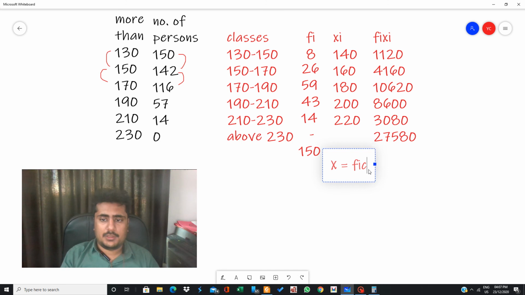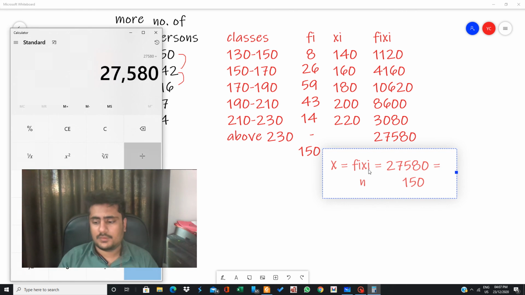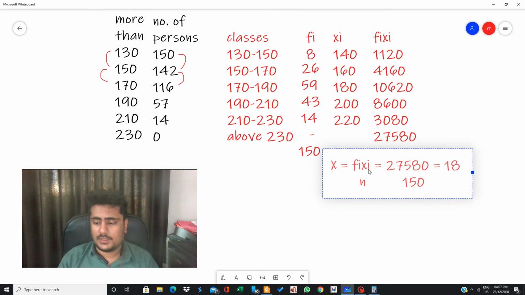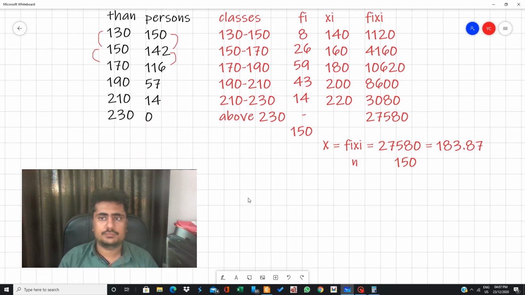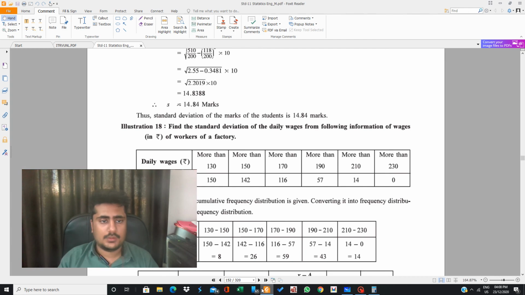So my mean will be sigma fxi upon n. So it is 27580 upon 150. It's 183.87. This is my mean.